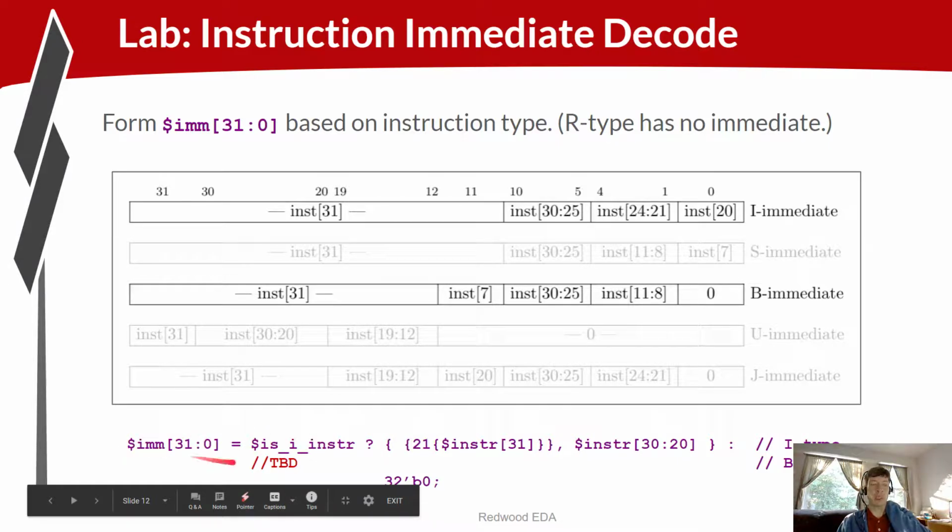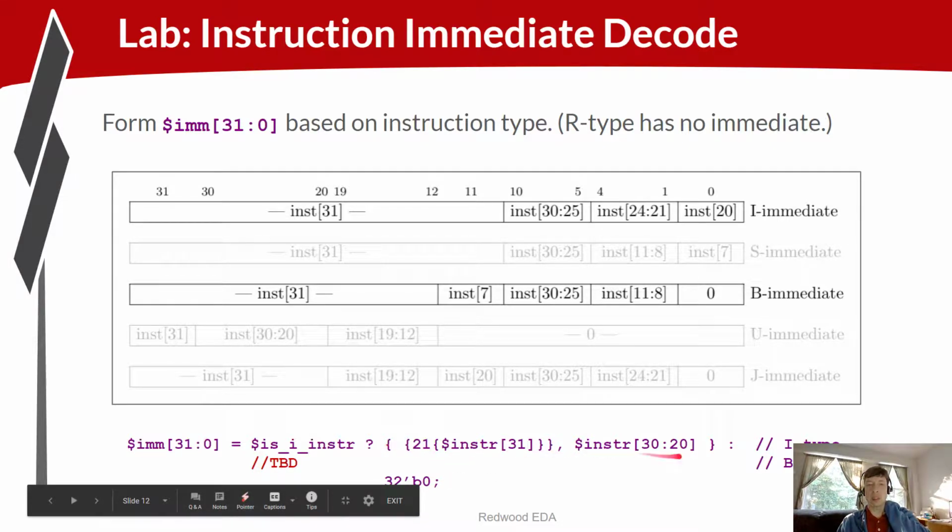So here we're assigning the immediate value based on the instruction type. If this is an I-type instruction, then use this expression. Otherwise, you're going to add the expression for B-type and the value that you would use for the immediate for the B-type, and then a default value of 0 if it's not I-type or B-type.